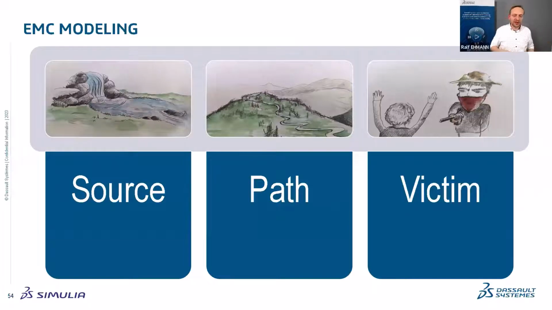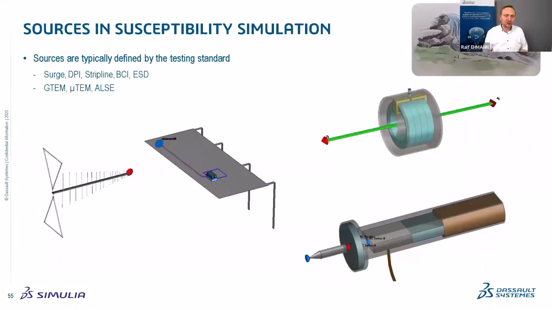It might be a BCI clamp, an irradiating antenna, or an ESD gun. The source itself is very well defined, while we need to work on what the victim is: where the external disturbance put on my DUT causes internal disturbance and issues with the DUT. This is exactly what I had on the previous slide.